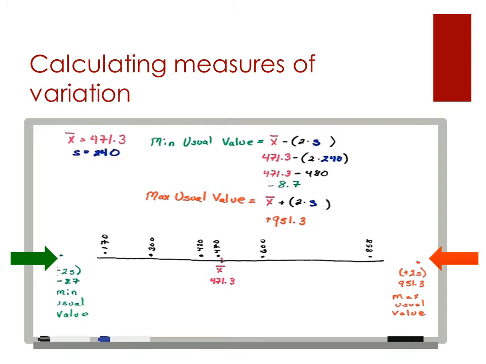And we can see that it is indeed way beyond our lowest value score of 170. Over here on the right, we have our maximum usual data value point that's plus 2 standard deviations, and that's 951.3, and we can see that it is also beyond the range of our highest value. That would tell us, looking at our data set for the height of dogs in our neighborhood, that none of the dogs in this current data set have an unusual height score.